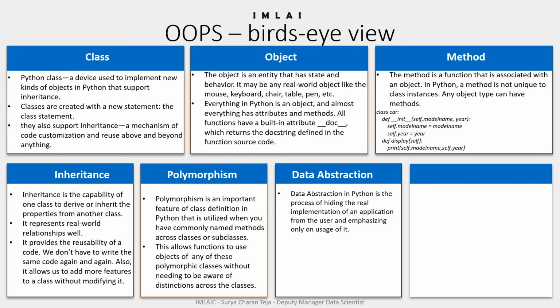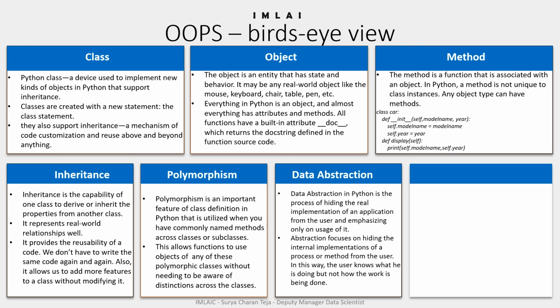That is data abstraction. Abstraction focuses on hiding the internal implementations of a process or method from the user. That's what I was saying. In this way, the user knows what he is doing, but not how the work is being done.